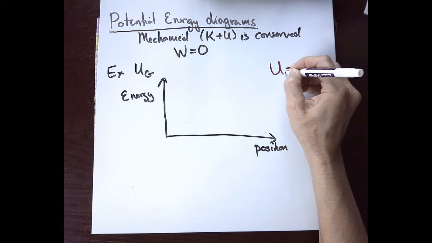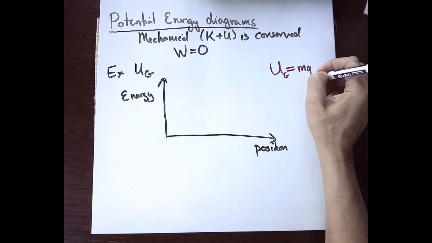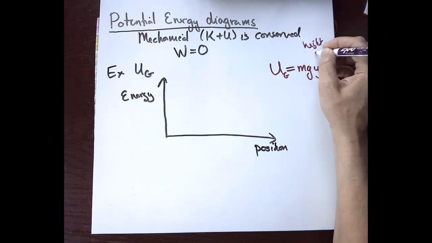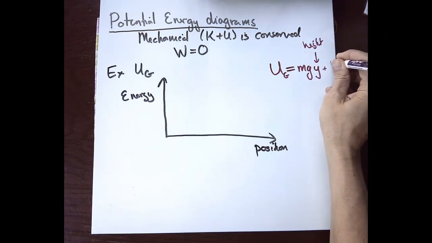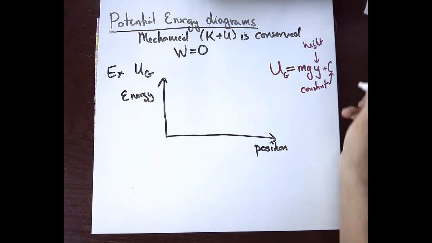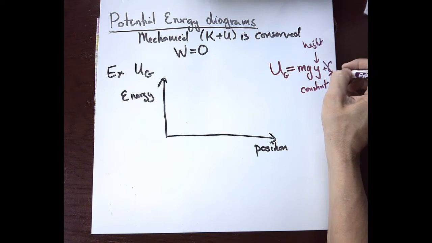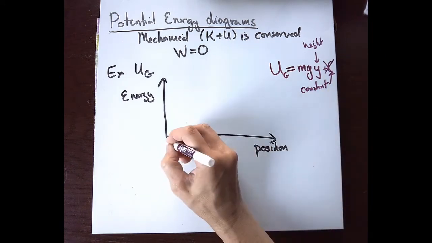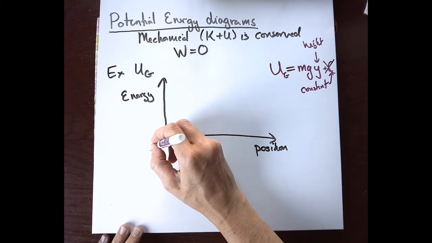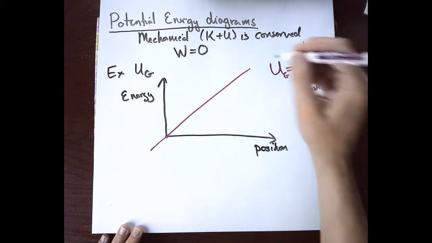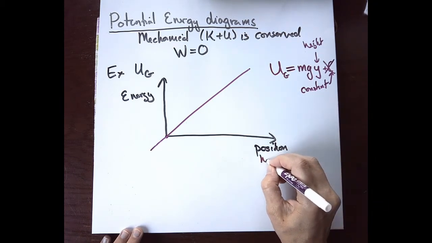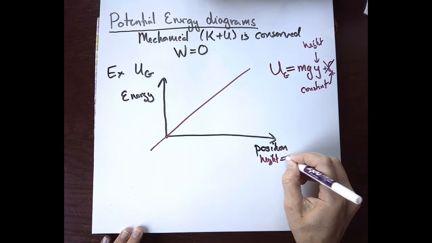And so the potential energy due to gravity is mgy, where y is your height, and then plus some constant, which depends on where you put 0, but of course usually we ignore that and just put 0 right here at position 0. So if we graph this potential energy, it's going to be a line like this. And the position is going to be the height, which is equal to y.